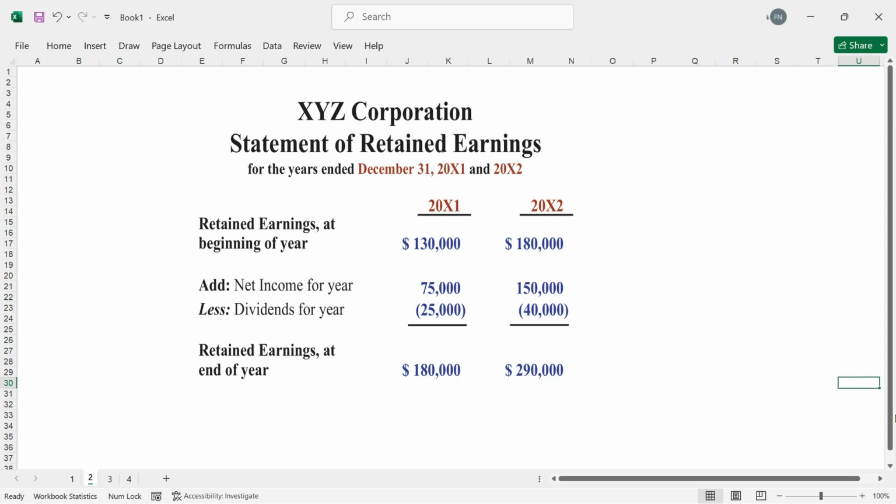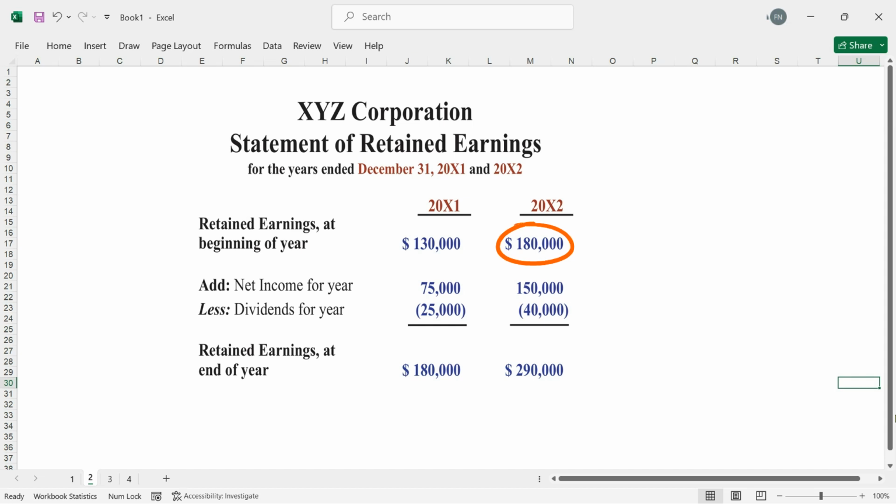Now, what I'd like you to do here is look at the far right column. Let's look for just a moment just at the year 20X2. For 20X2, we begin this financial statement by stating first the beginning balance of retained earnings for that year. Retained earnings at the beginning of the year for 20X2 amounts to $180,000.